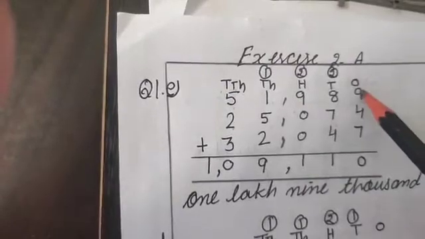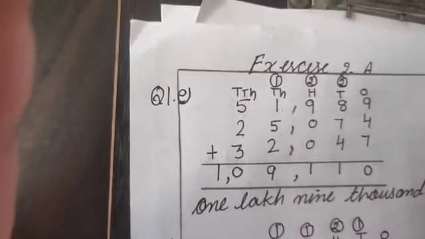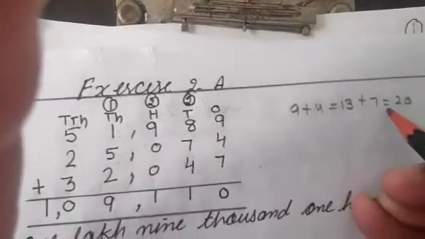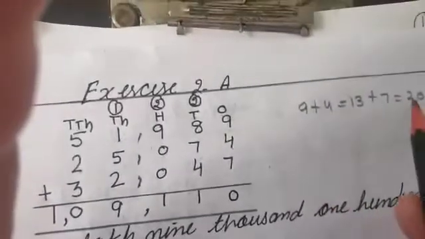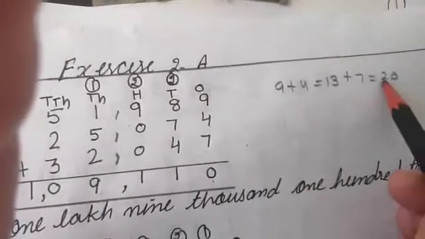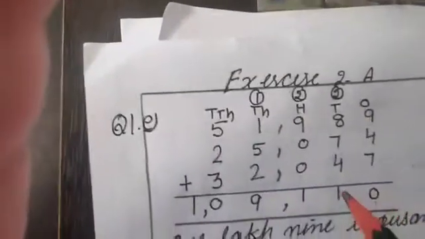So first in the ones place I have added 9 plus 4, 13, and 13 plus 7, 20. So what I have done, the ones place digit I have written in the ones place and the tens place digit I will carry in the tens place.